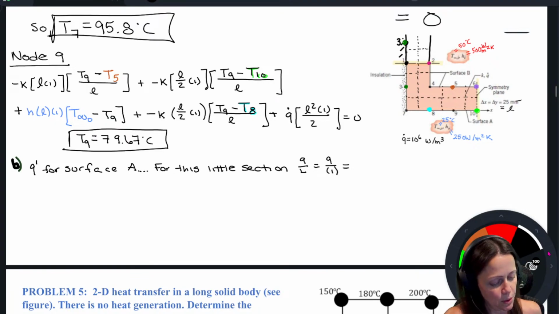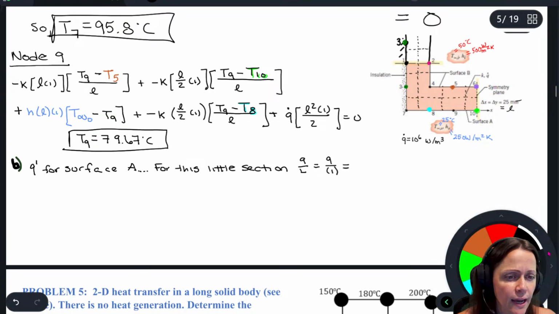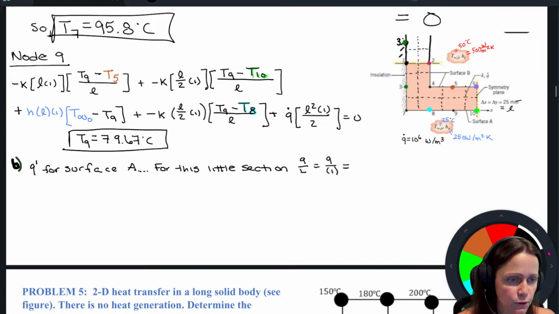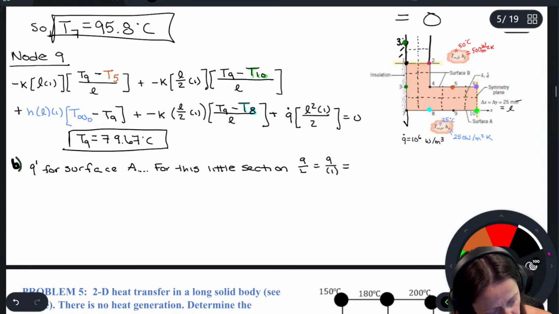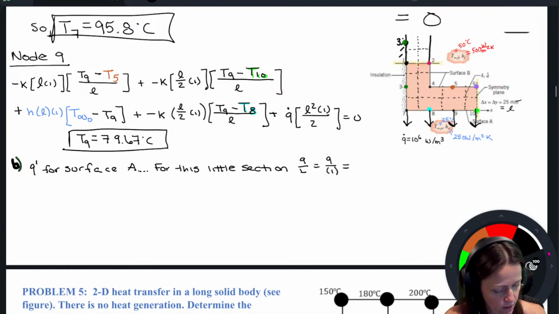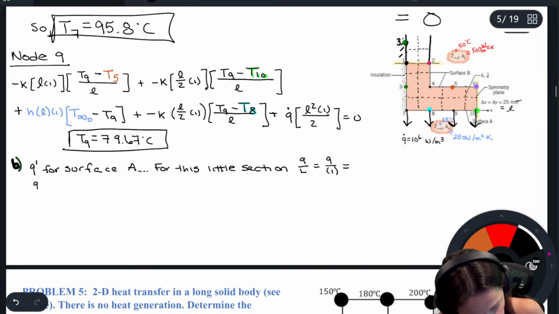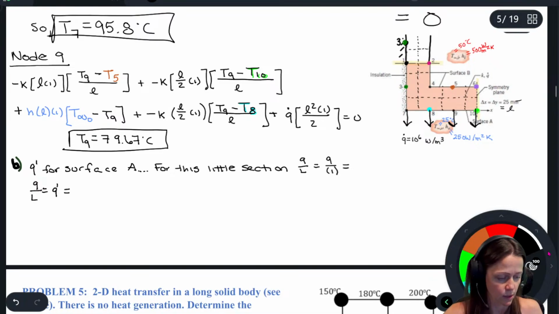So Q per unit length, and again, the way it asks, heat transfer rate from the outer surface. So I'll have a vector here, here, here, and here. I think I'm going to bring it down to the other line. So for this single surface, Q per unit length, Q with a single prime.